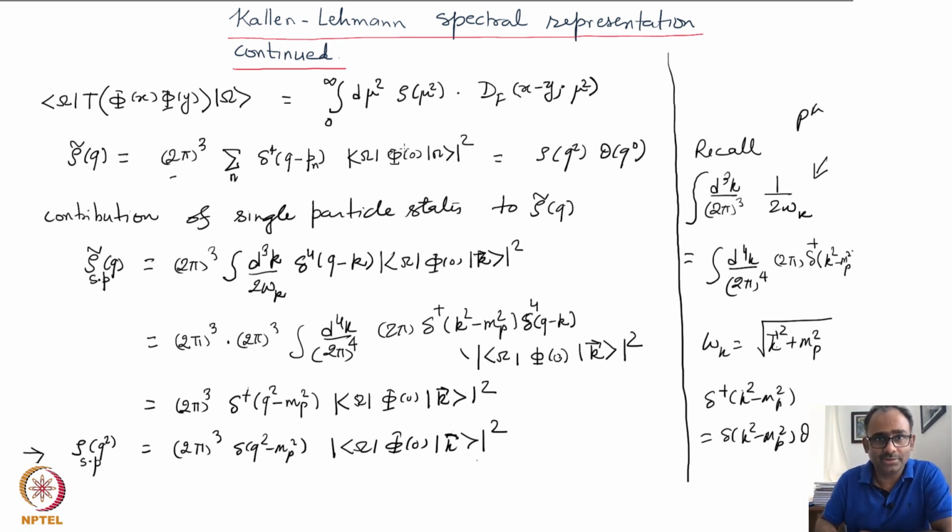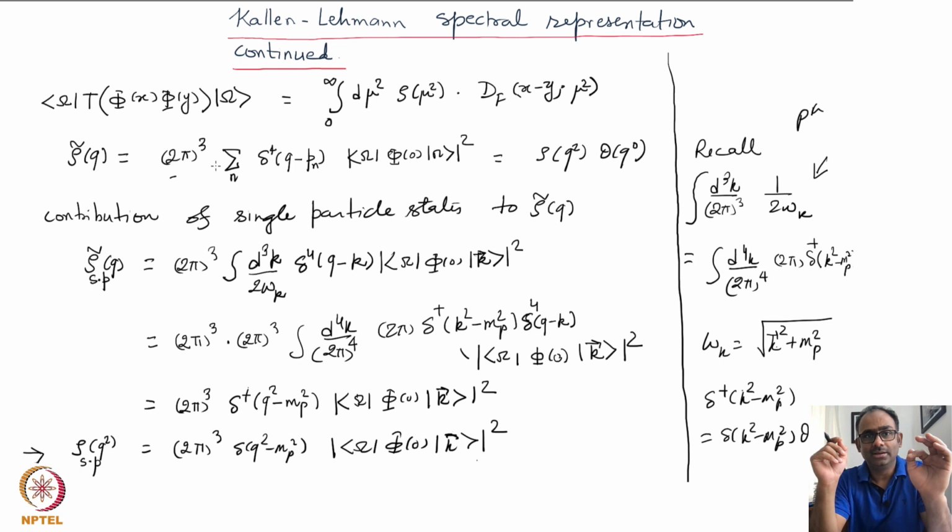Another thing that you can observe is when you do the integral over k1 and k2. We are labeling the momenta by k1 and k2, so Pn takes those values. So you have two particles, and this state will have some invariant mass, some q square, where k1 plus k2 whole square is what we are calling q square, and we ask what is the minimum value that q square can take.